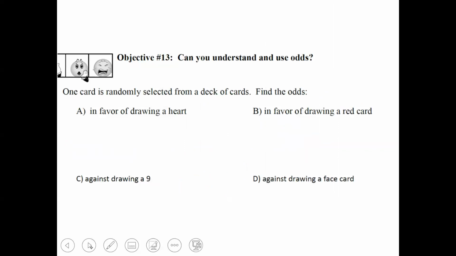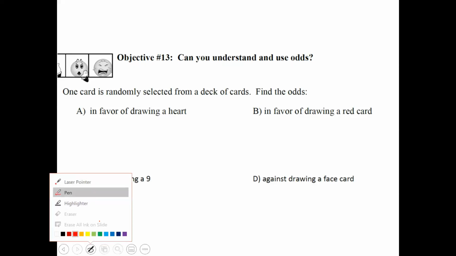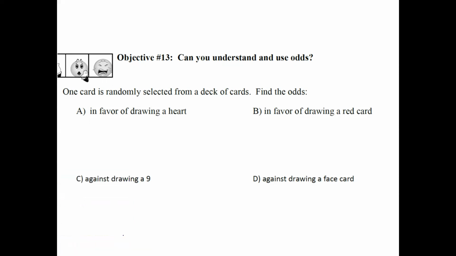All right, let's go on to objective number 13. We're going to go back to a deck of cards. It says find the odds in favor of drawing a heart.